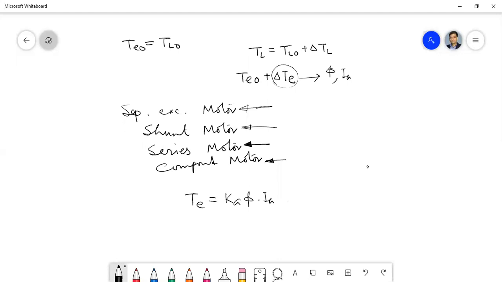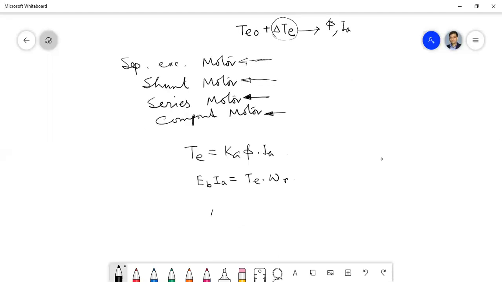Another expression we get is Eb into Ia equals Te into omega r, that is the torque balance equation. From this expression you can determine the speed.